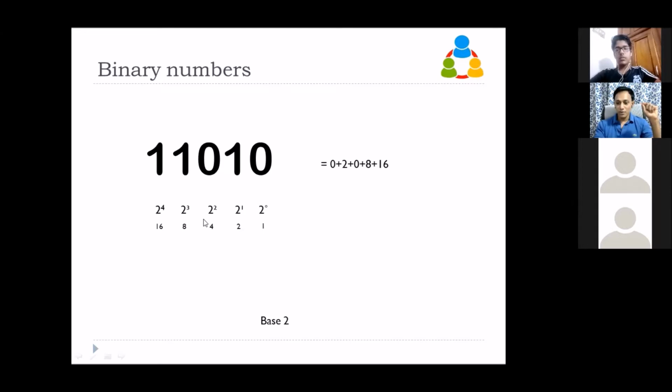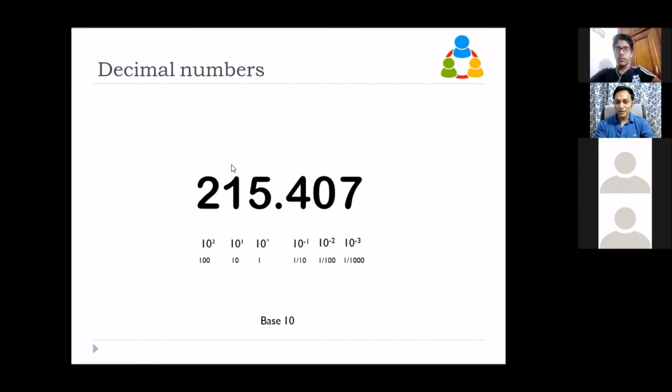Isn't this how you do it in base 10? You are doing it in the same way. This is exactly how you do it in the 10 base system. It is nothing new.